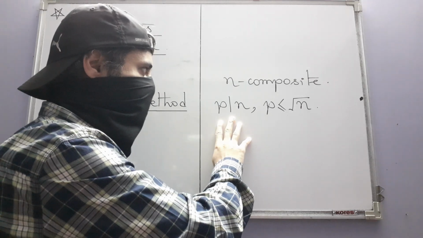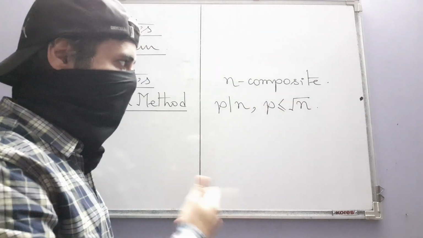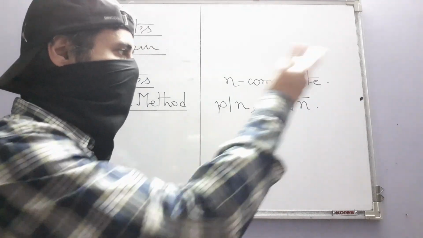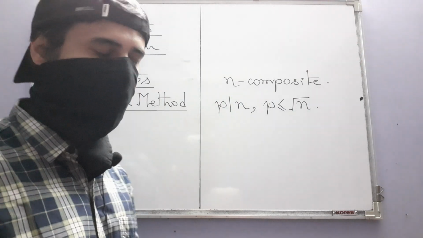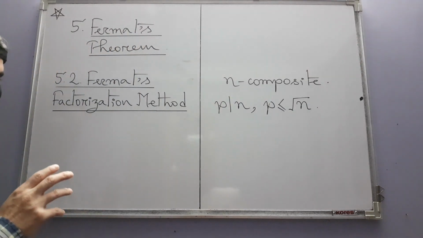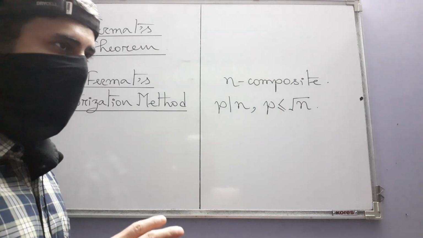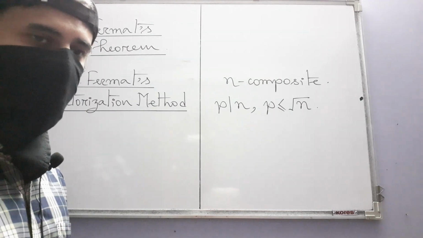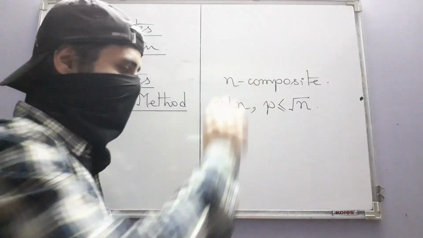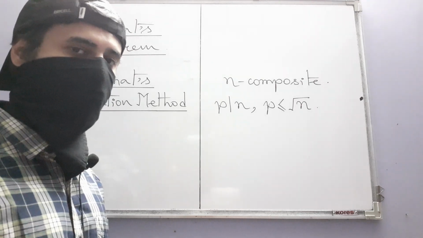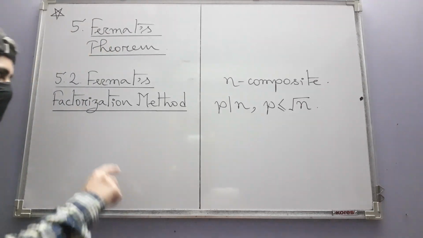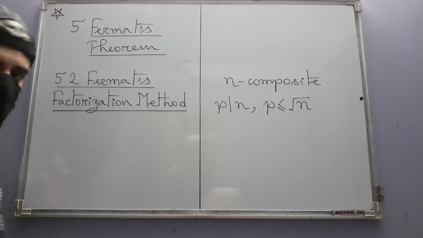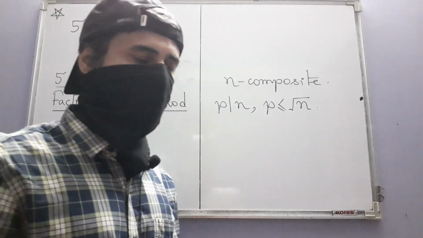So this way of searching for such factors quickly becomes impractical as n increases in size. So, can one come up with some other type of method which avoids prime numbers altogether? Yes, and one such method is Fermat's factorization method. So, let us see how it goes.